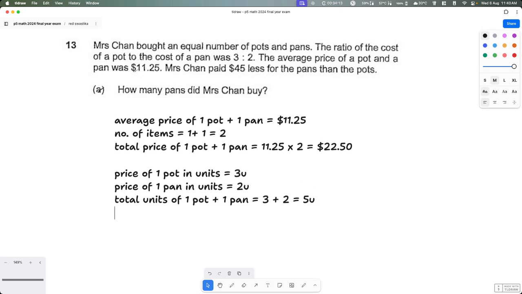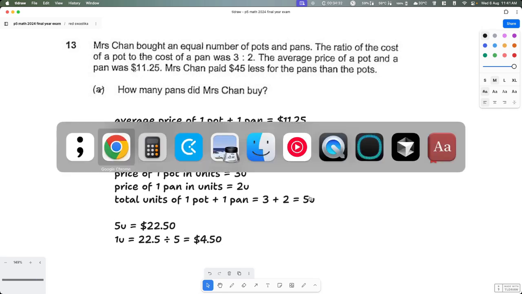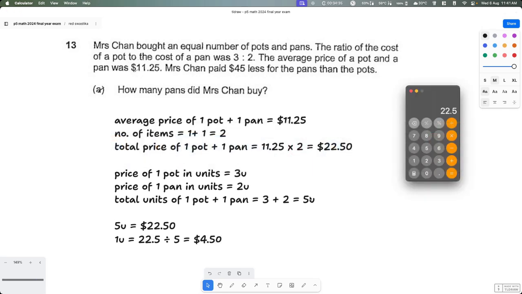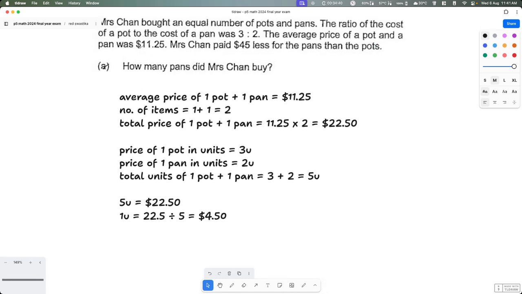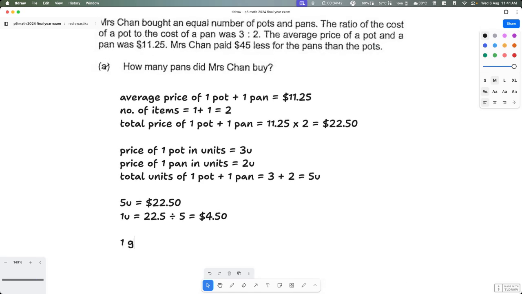So 5 units is equal to $22.50, and 1 unit is equal to 22.5 divided by 5, which is $4.50. Let me double confirm: 22.5 divided by 5 is $4.50.